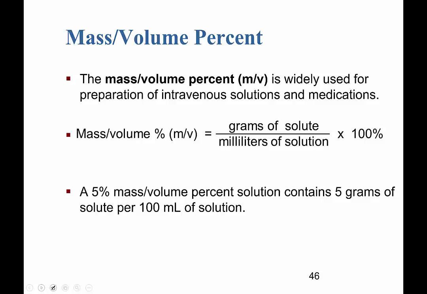Now mass by volume percent is pretty much the same thing, except we want mass on the top, grams. We want volume on the bottom, which is our milliliters. So if I have 5 grams of solute, 5 would go on the top, 100 milliliters of solution would go on the bottom. Take it times 100 and I get 5%.